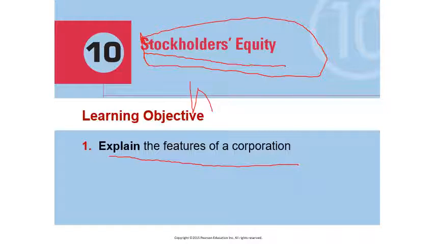We know that assets is equal to liabilities plus owners' equity. Sorry about my writing, it's really terrible right now. So we have covered current liabilities, we have covered long-term liabilities, and now our final topic is about owners' equity. So let's explore that.